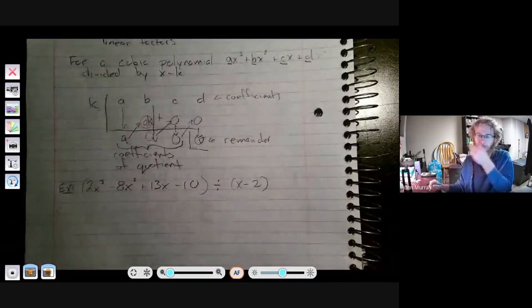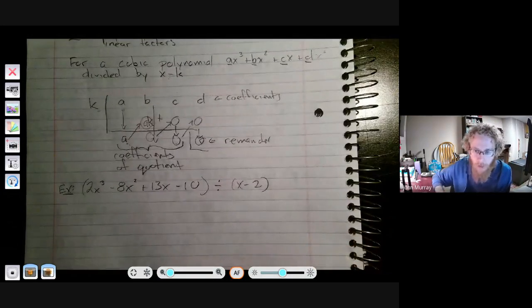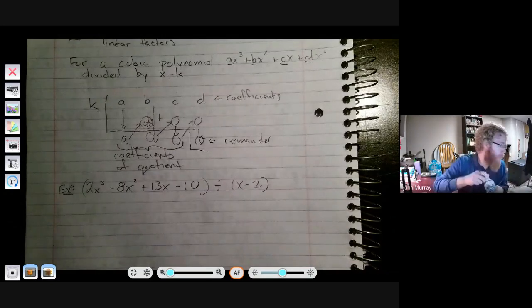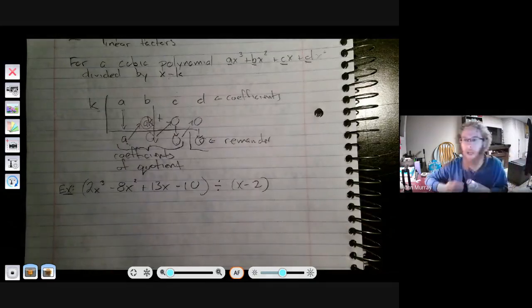We have the cubic polynomial 2x third minus 8x squared plus 13x minus 10. We are going to divide that by x minus 2.